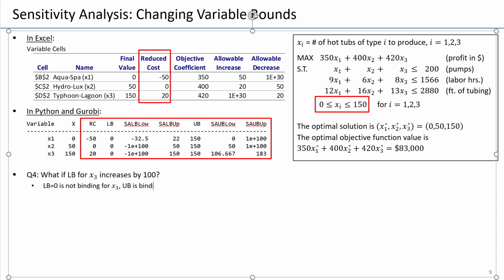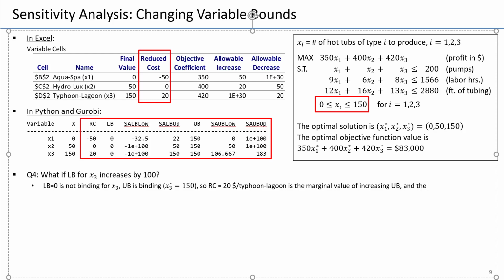The optimal value of x3 equals 150, as you can see here. So in that case, the reduced cost, which is equal to 20, you see it here for the third variable, 20 dollars per Typhoon Lagoon, which is the third product. This reduced cost is the marginal value of increasing the upper bound, but not the lower bound.